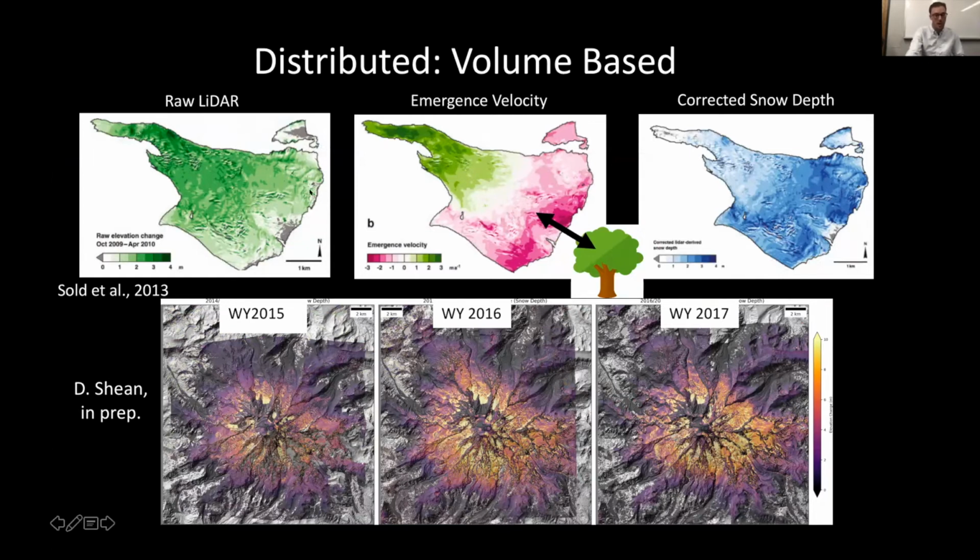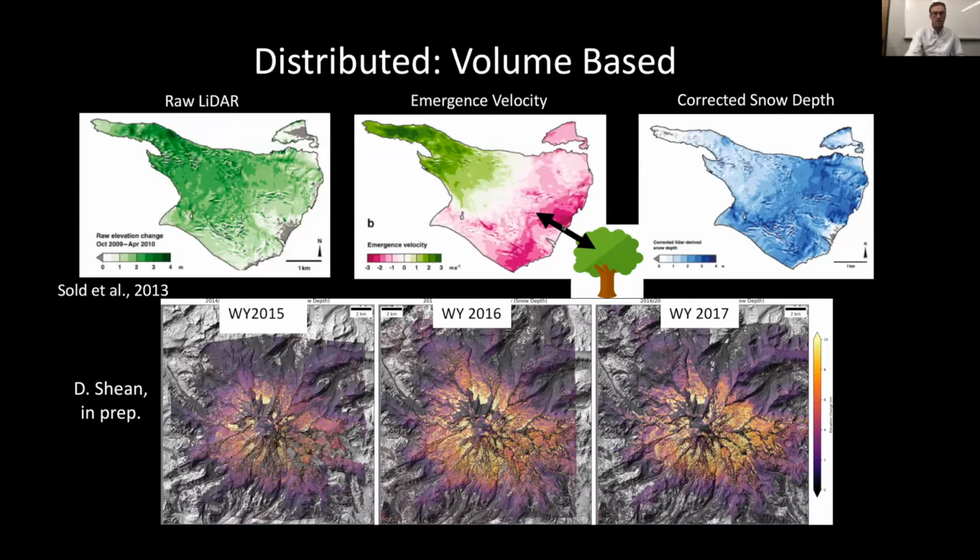And really what's going on here is that glaciers, because they're flowing, have an emergence velocity. Once you model that emergence velocity, which is shown here in this middle panel, which can be on the order of a few meters per year, and subsequently correct your LiDAR data, you get a reasonable distribution of little snow down low and upwards of a few meters of snow up high.